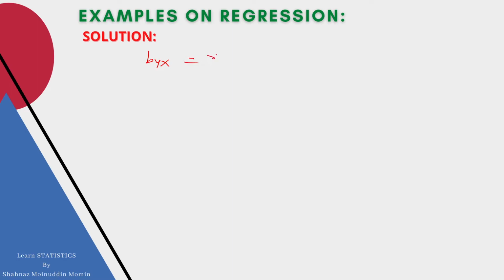We know that this is r sigma y upon sigma x. Since we are not given r, sigma y, sigma x, let us simplify the formula. R equal to, we know that it is covariance between x and y divided by sigma x into sigma y, multiplied by sigma y by sigma x.